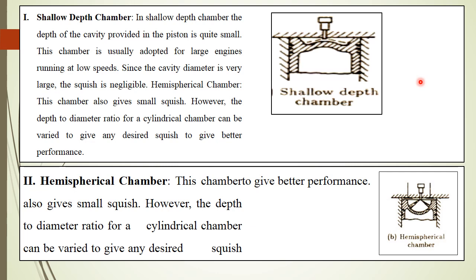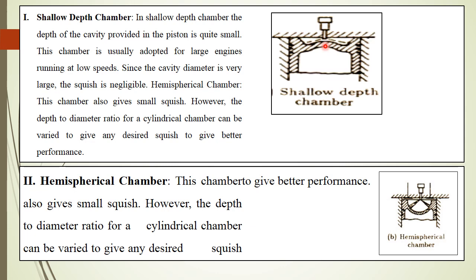Since the cavity diameter is large, the squish available is negligible. The squish, that is the air motion available inside the combustion chamber, is less. Getting due to this surface to volume ratio.